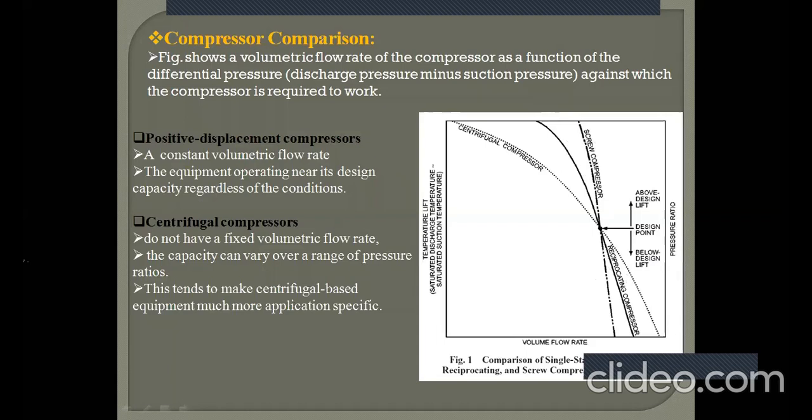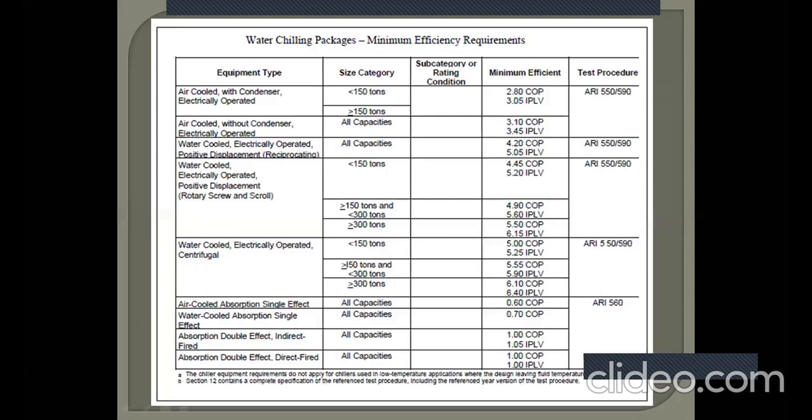Centrifugal compressors do not have a fixed volumetric flow rate, and the capacity can vary over a range of pressure ratios. This tends to make centrifugal-based equipment much more application specific. So you employ a centrifugal compressor where your load or pressure ratios are not varying much. There are certain disadvantages associated with it.